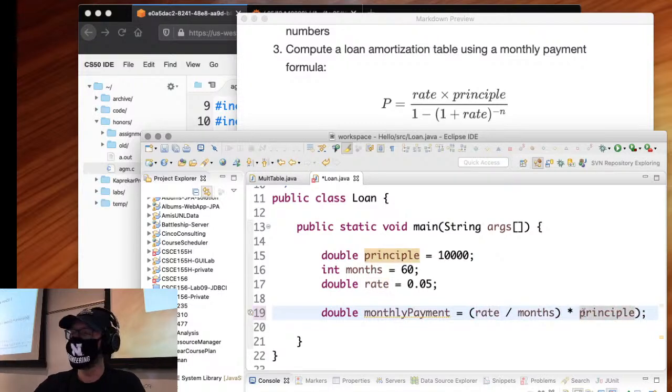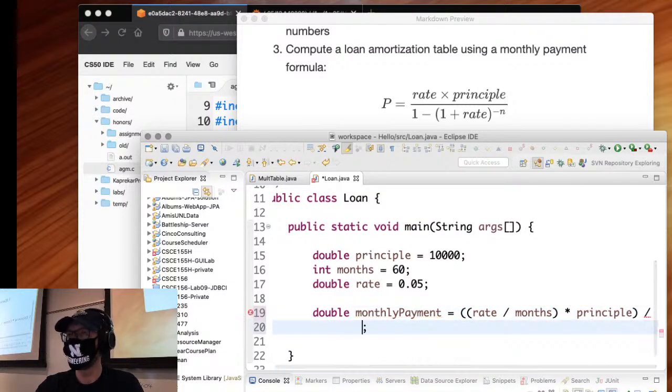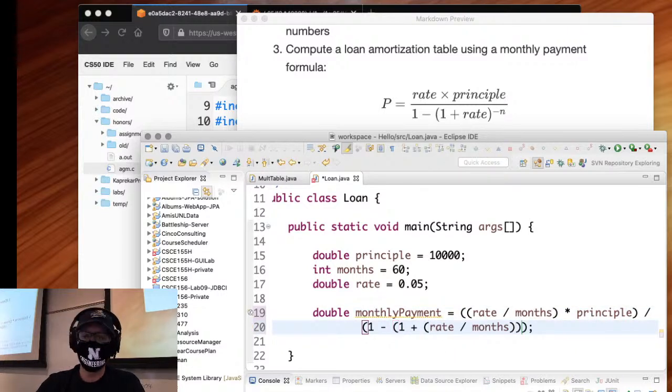And that's the numerator, divided by, and we can go to the next line if you want to avoid big giant lines. And in the denominator we have 1 minus 1 plus the rate again, which is the same up here. That's the monthly rate. If you want to, you can put that into its own variable. And raised to negative months.